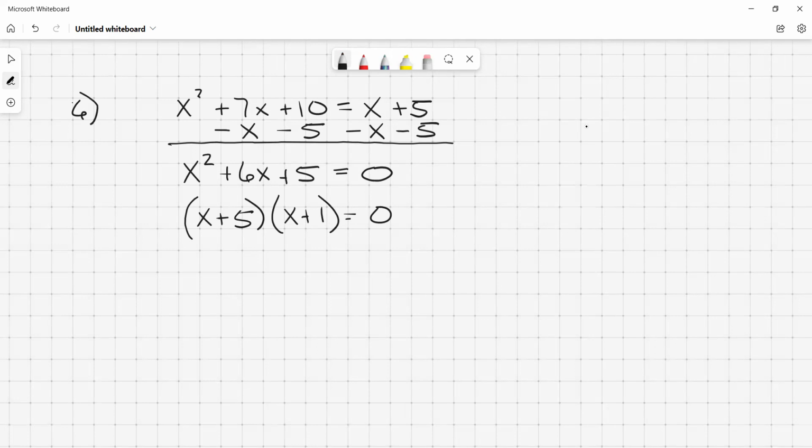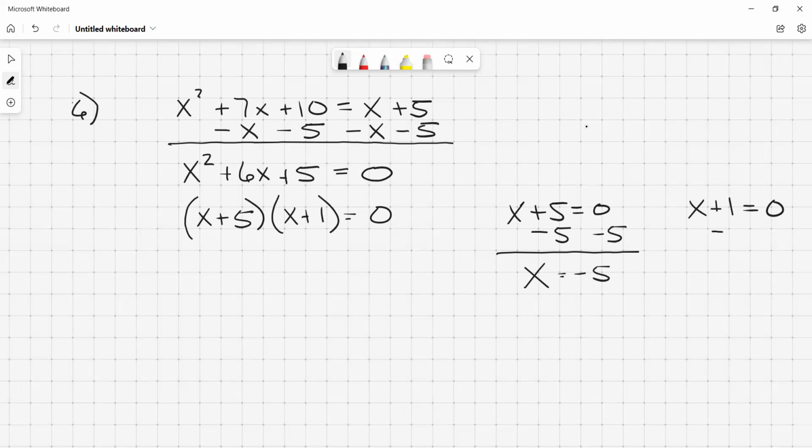So what are your x's going to be? You've got x plus 5 equal to 0 and x plus 1 equal to 0. If we subtract 5 from each side, we get x equal to -5. Then do the same thing with the other factor, and you get x equal to -1.